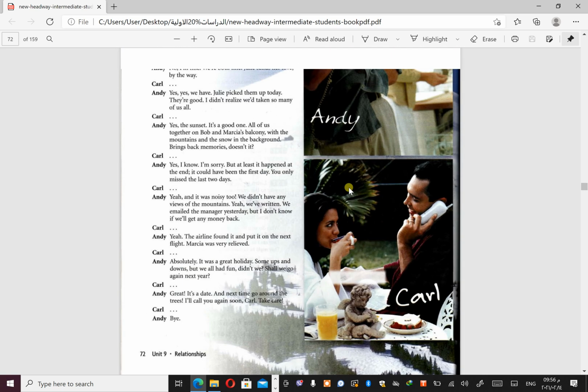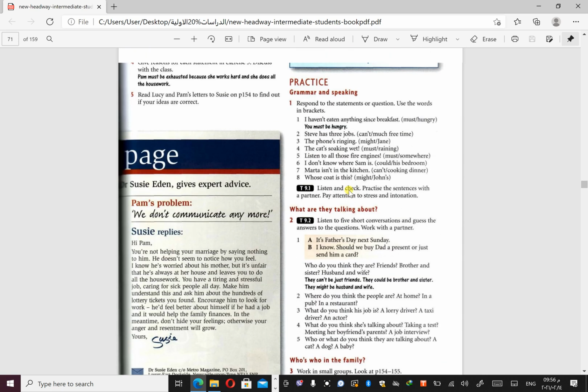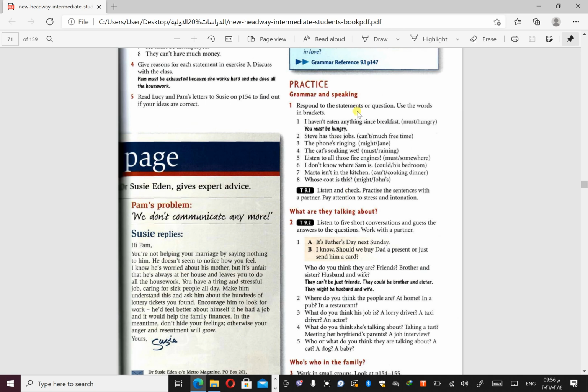And as you see in these examples, for example "I haven't eaten anything since breakfast." This just shows possibility, especially in speaking. So I say "you must be hungry," that means since he hasn't eaten anything since breakfast, it is 100% that he is starving or hungry.